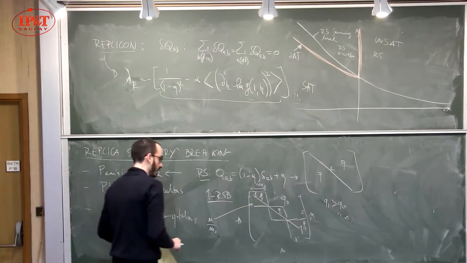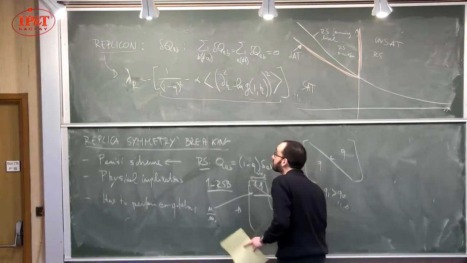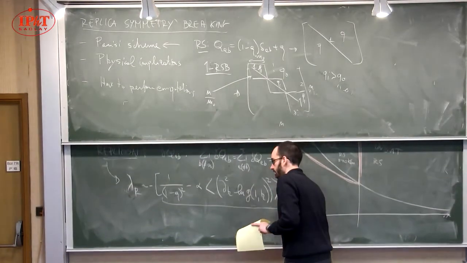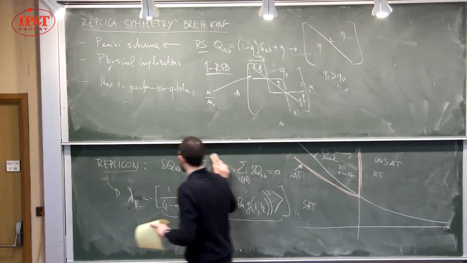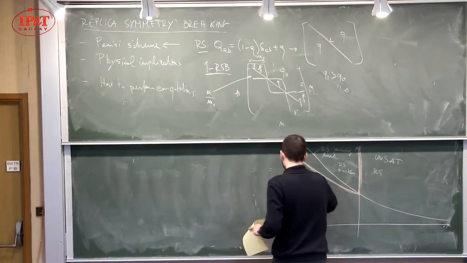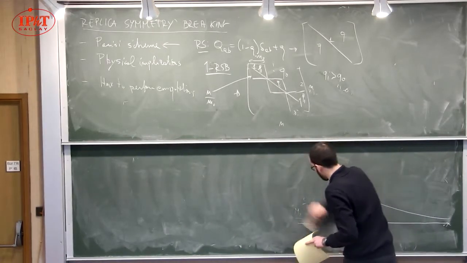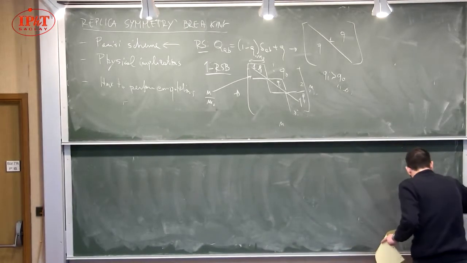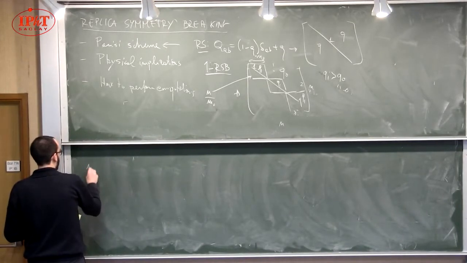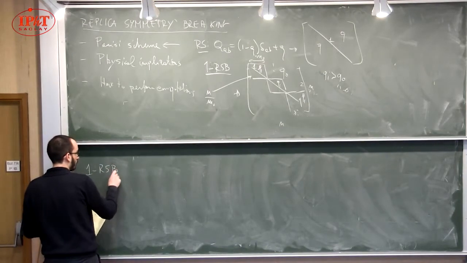Okay. So this is one-step replica symmetry breaking. And now let me go on. So now I will go from one-step replica symmetry breaking to two.